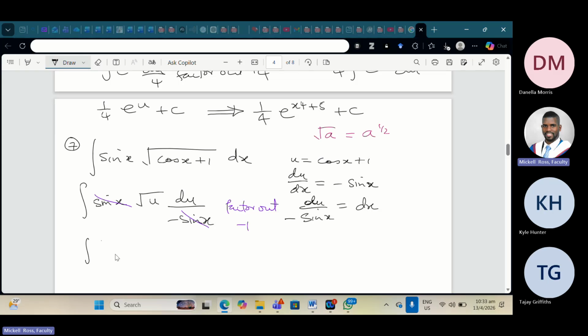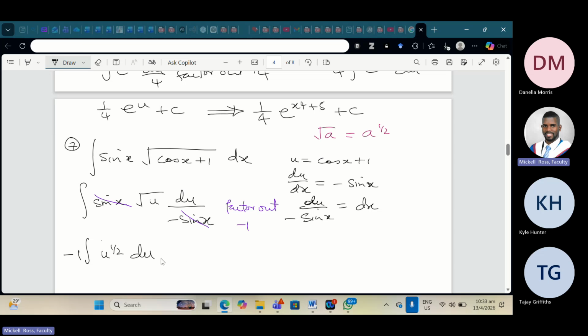So you're going to get the integral of negative 1 times u to the half du. The root of u is going to be u to the half, and the sines cancel, and you factor out the negative 1.